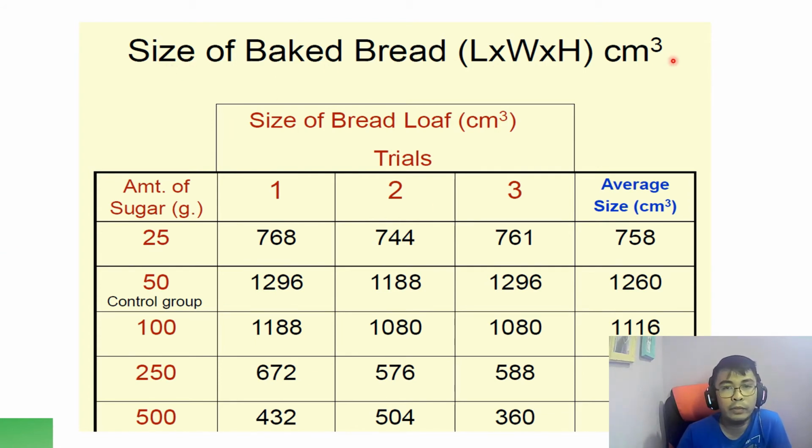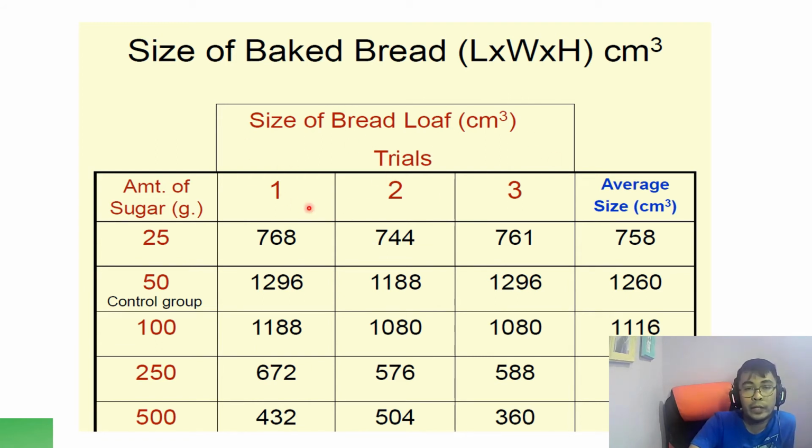So the title of the table is the size of baked bread. Okay, measured length times width times height in cubic centimeter. So in this case, we have the amount of sugar. We have 25, 50, 100, 250, 500. Wherein the 50 gram of sugar is the control group.